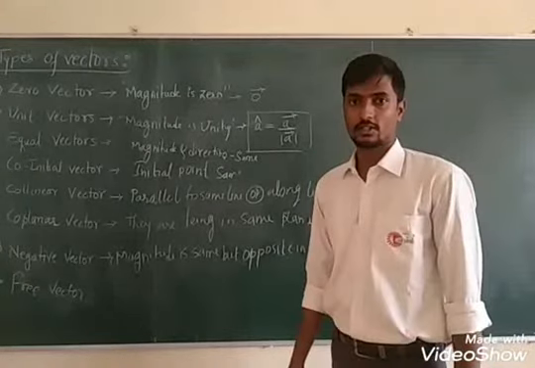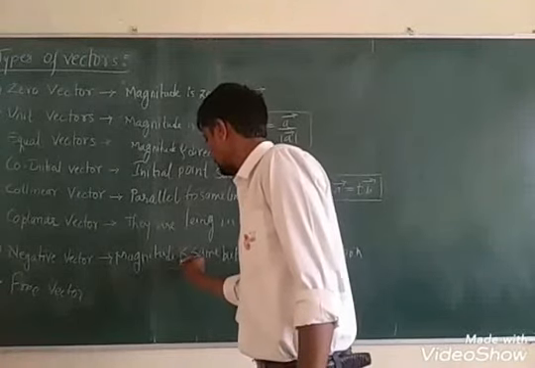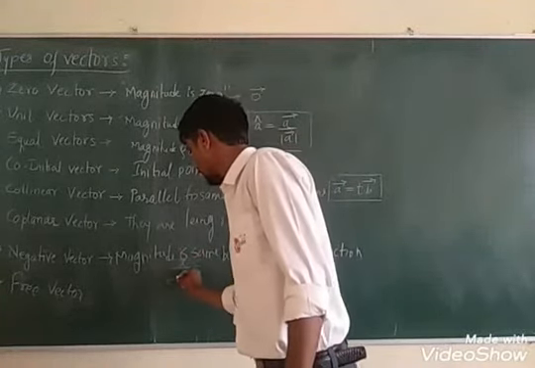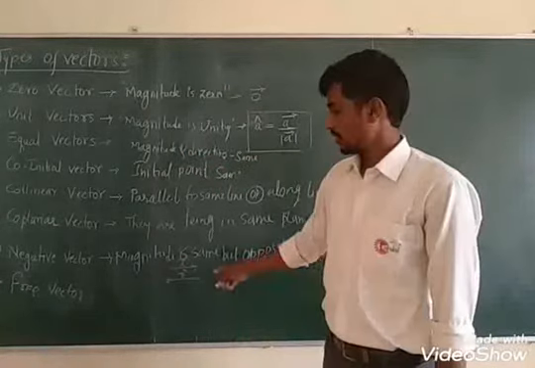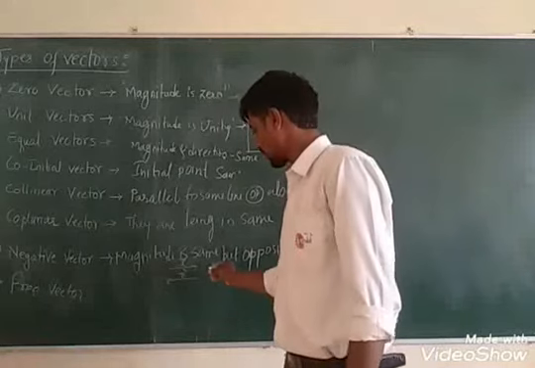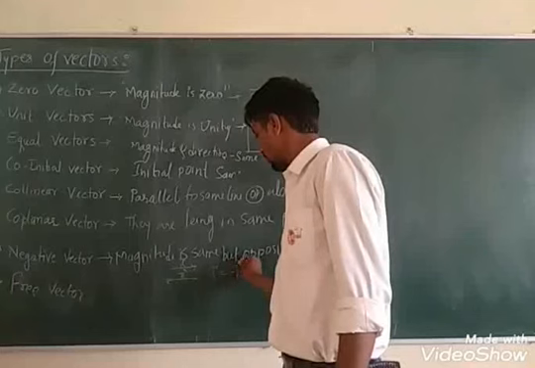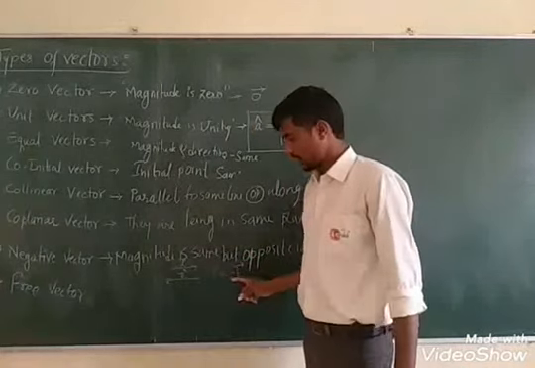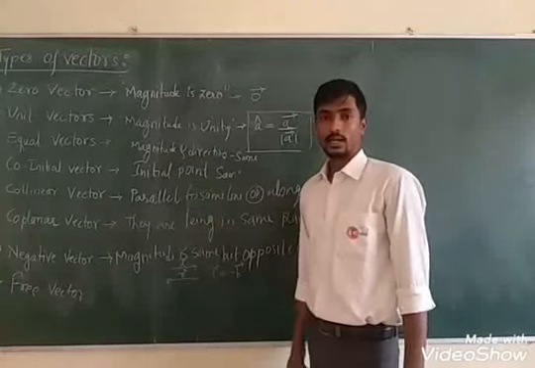So if one vector is moving in this direction, another vector is moving in this direction, but they are equal in magnitude. So we can represent vector A as minus of vector B. Both are equal but opposite in direction. So that's why we can call it a negative vector.